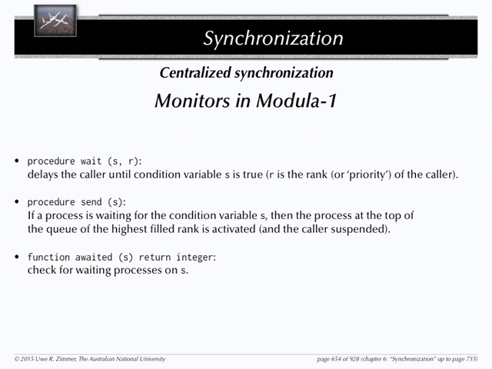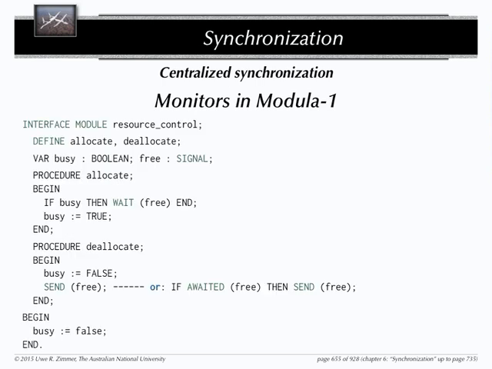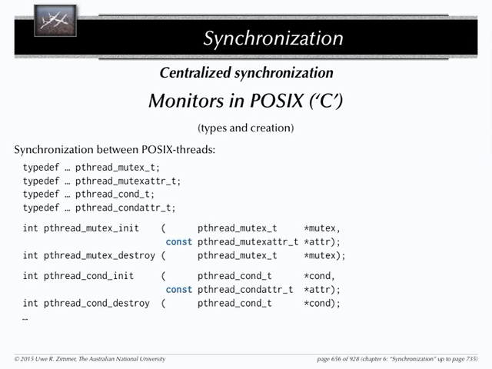Because you enter the monitor, suspend yourself on a condition variable, somebody else can enter now. So logically, you have not all of them running inside the monitor, but they're operating inside the monitor. Some of them are suspended, only one of them is running. But logically, you have still multiple tasks inside the monitor, which is, for verification purposes, a nightmare.